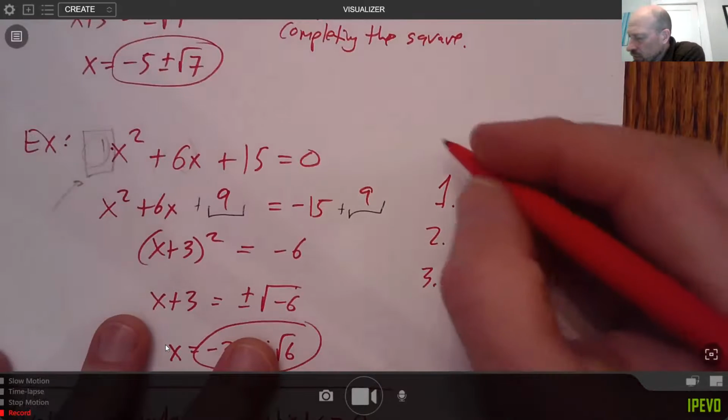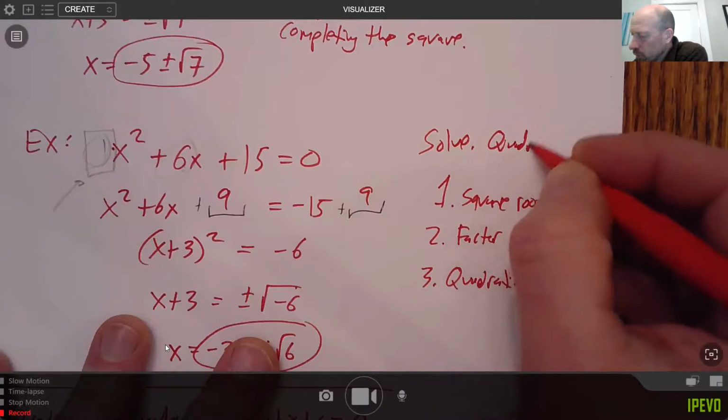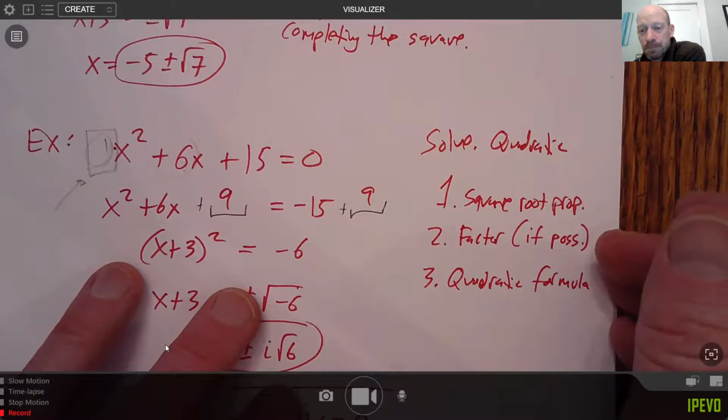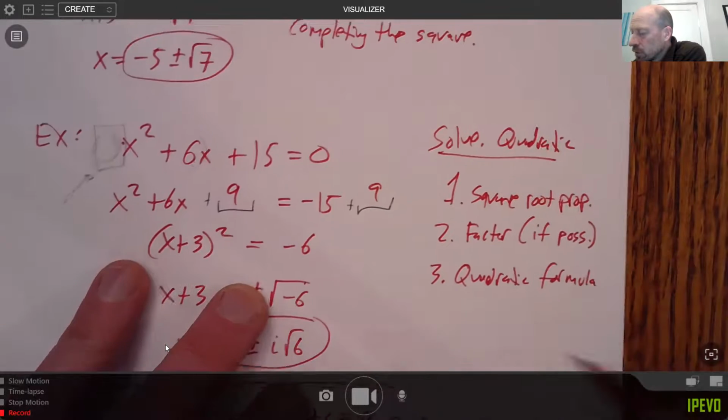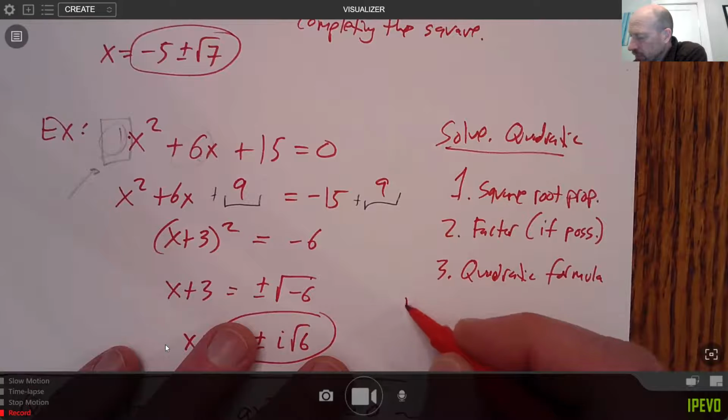So this is to solve the quadratic. And I'll put a little asterisk here, a little star.